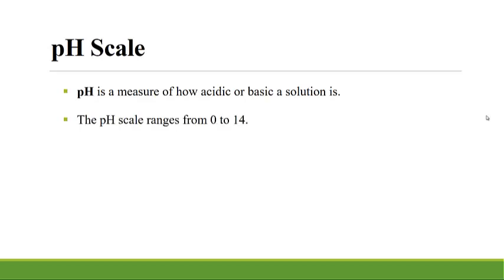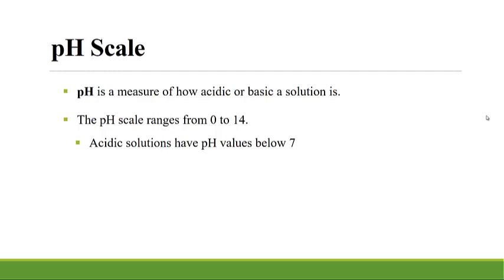When we talk about acids and bases, we have a way of measuring how acidic or how basic something is, and that is going to be on our pH scale. pH simply is a measure of how acidic or basic a solution is. The pH scale ranges from 0 to 14, with acidic solutions having a pH value below 7.